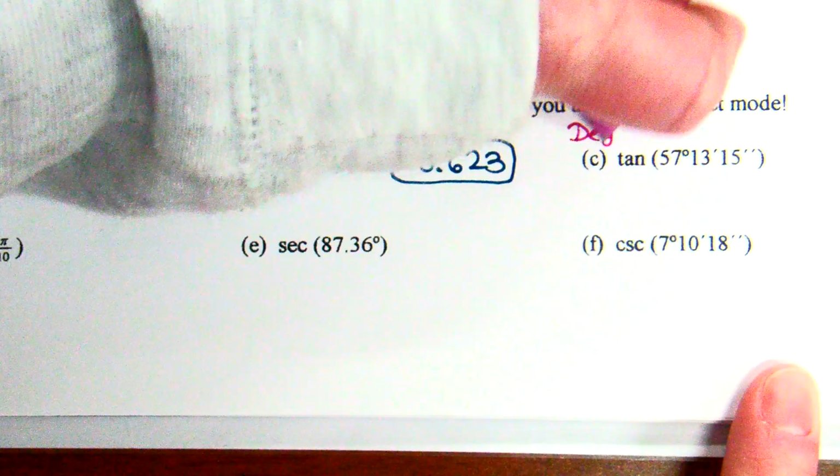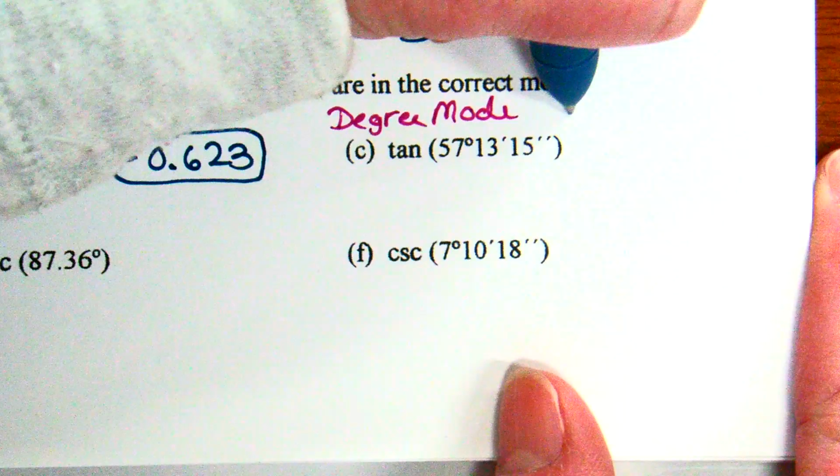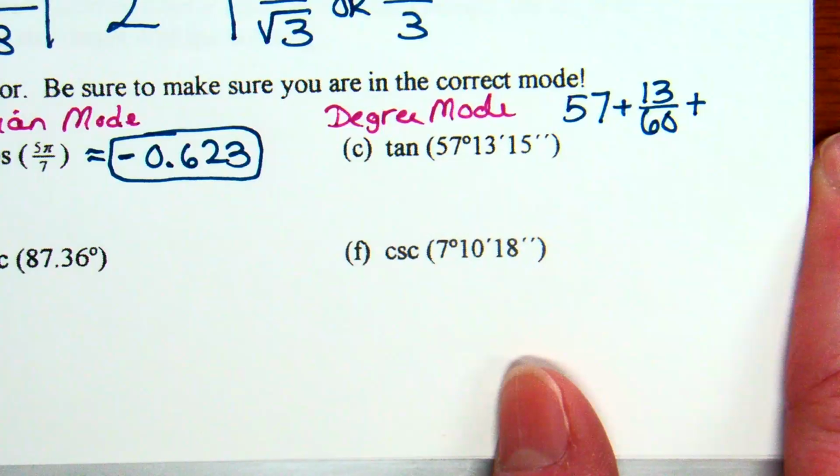Do you remember how to change this? Right? We know it's going to be 57, 13 minutes. How many minutes in an hour? 60. So it's going to be 13 divided by 60. Plus, and it's 15 seconds.